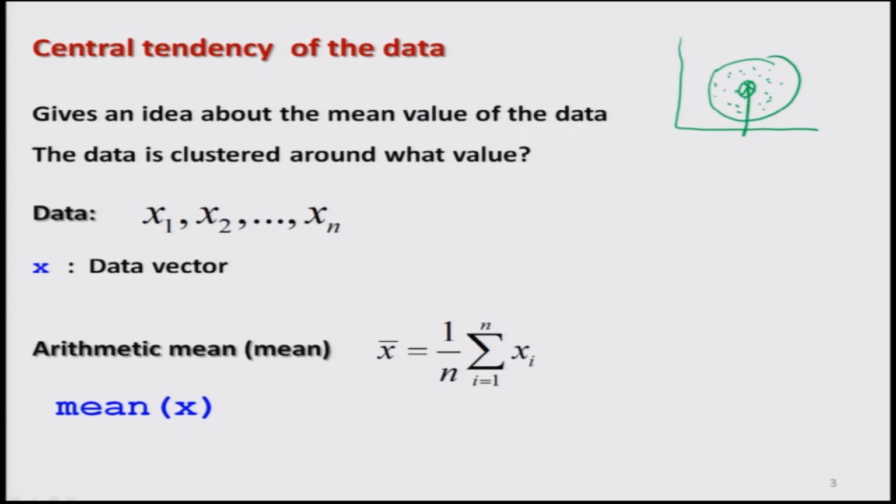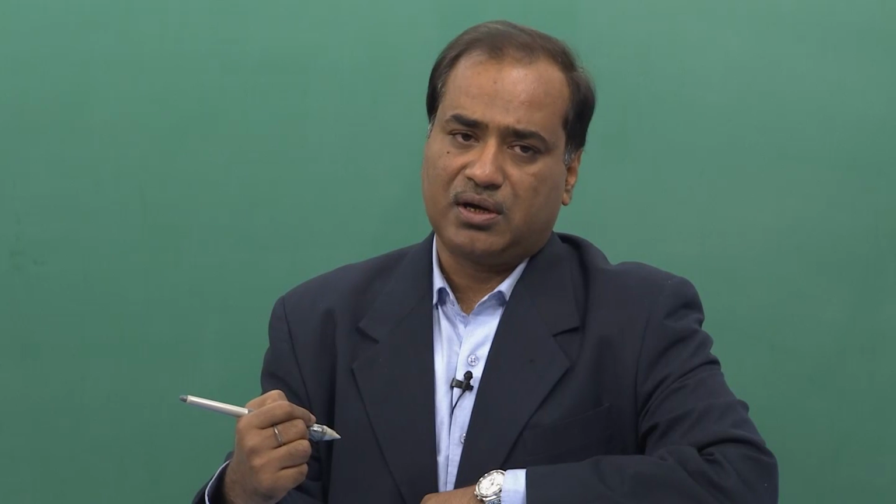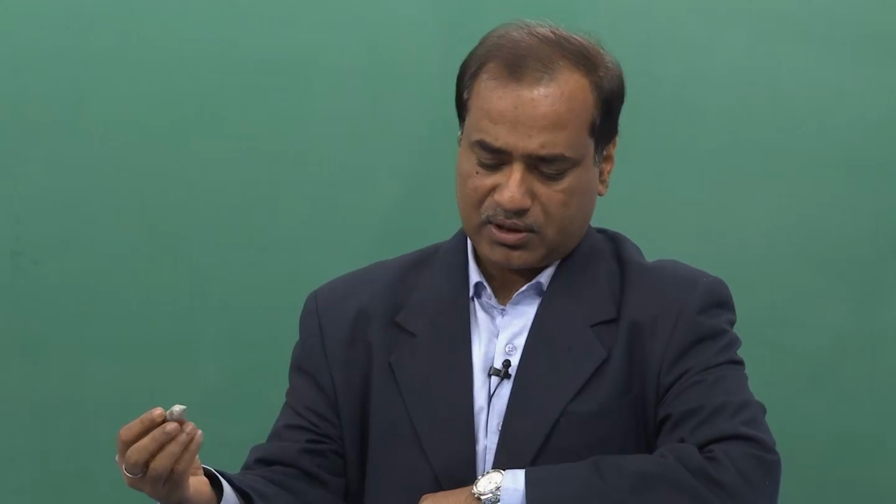So first of all, let me denote the data. This is here given by x1, x2, xn. What do we really mean by this x1, x2, xn? So let me take a simple example and try to understand, and the same concept will continue in the entire lecture.